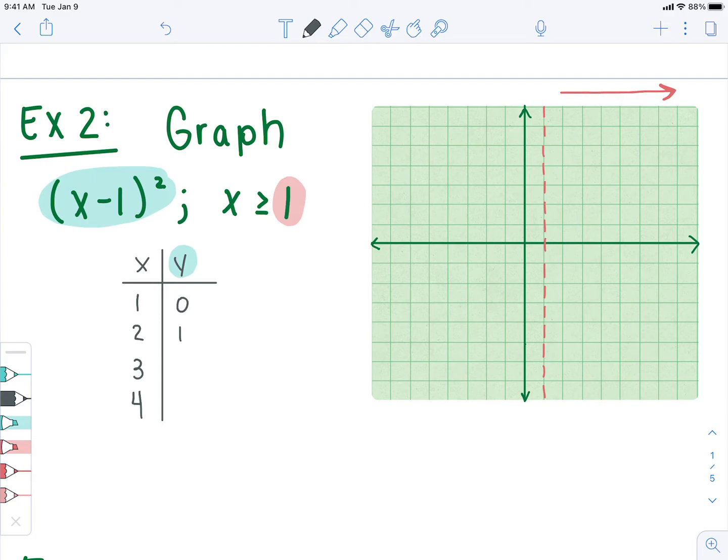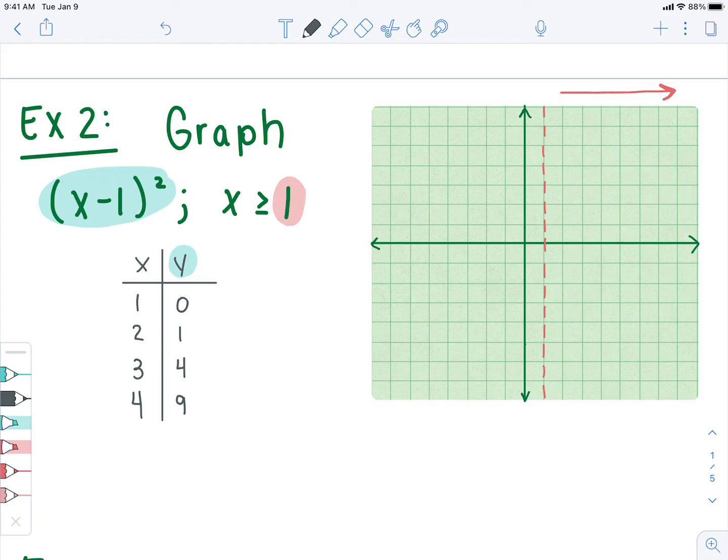Then I'm going to plug in 3. 3 minus 1 is 2. 2 squared is 4. And then plug in 4, I get 4 minus 1 is 3. And 3 squared is 9.